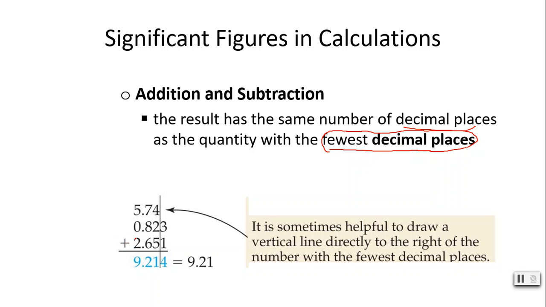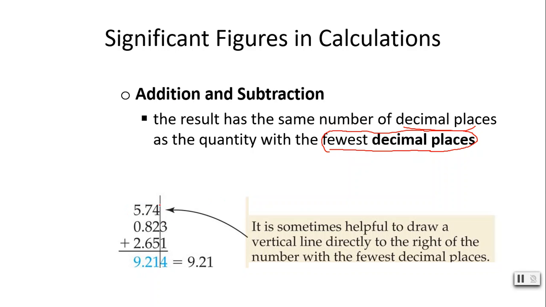So just to practice our significant figure rules, this first number, 5.74, has a total of three significant figures. All those numbers are non-zero. But for addition and subtraction, I only care about the number of sig figs after the decimal.